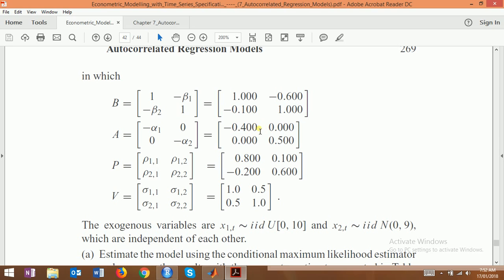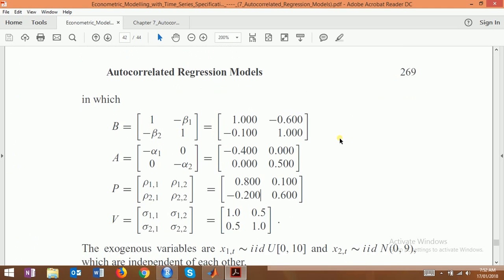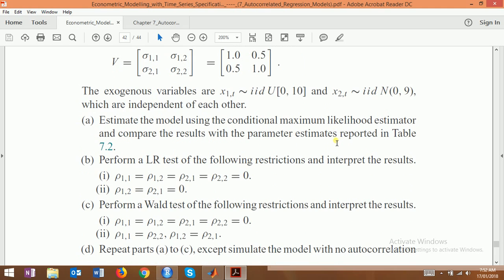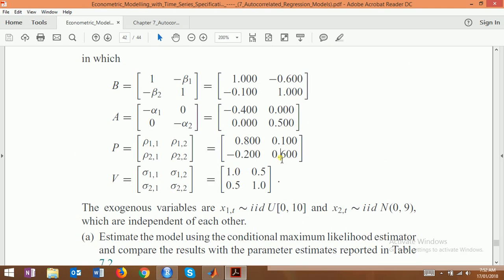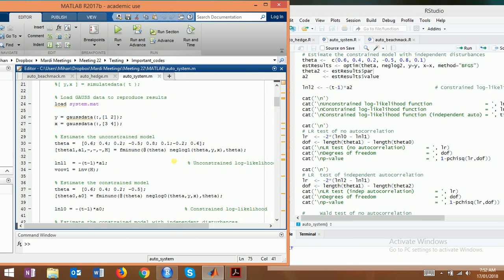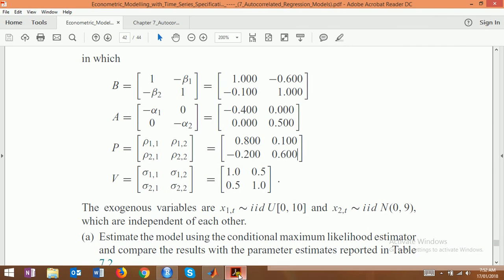Beta 1, alpha 1, 0.6, alpha 1, 0.2, 0.5. I'm not sure where 0.2 is coming from. 0.2 minus 0.5. Okay, fine.